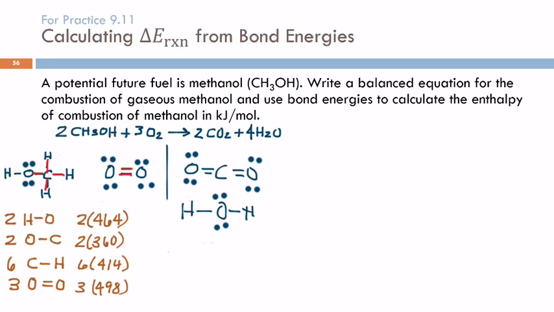It's kind of up to you. If you wanted to, you could just draw 2 of these and then count. I'm looking at 1 and then multiplying by the coefficient, because that's what makes sense to me.